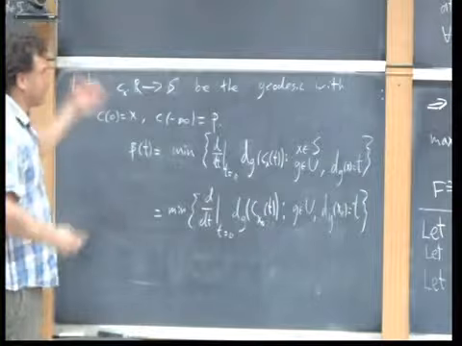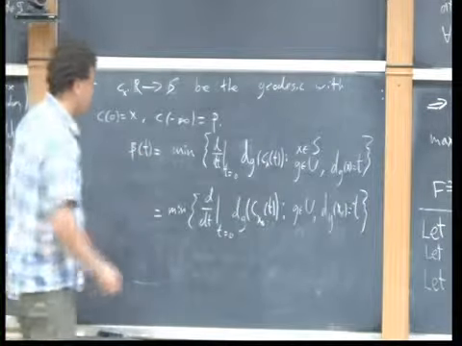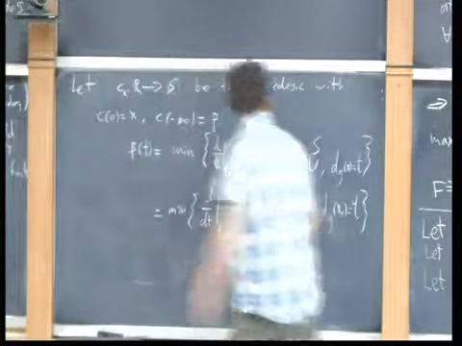It belongs to the parabolic subgroup normalizing U and takes x to x naught. And this is the compact set.